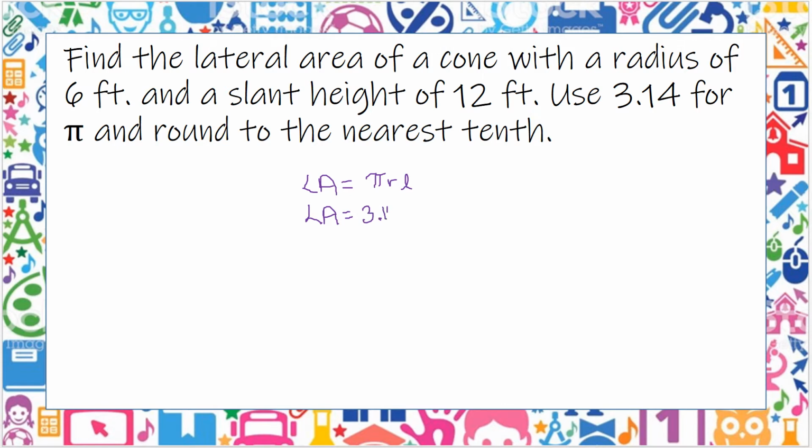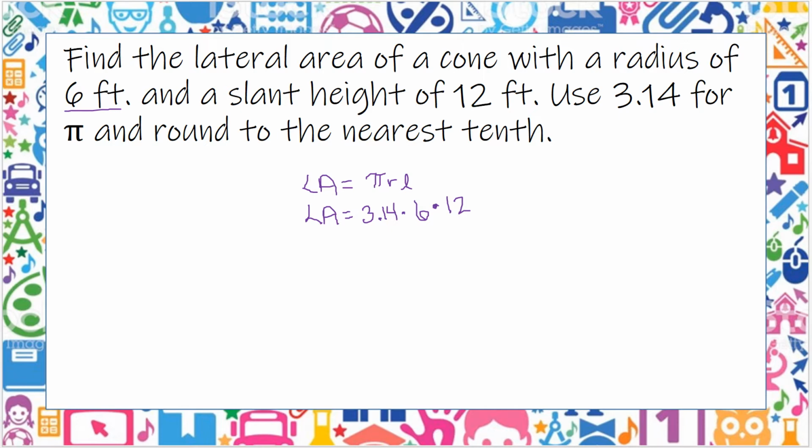So 3.14 times the radius they give us, which is 6, times the slant height, which is 12. And we're going to multiply those out.